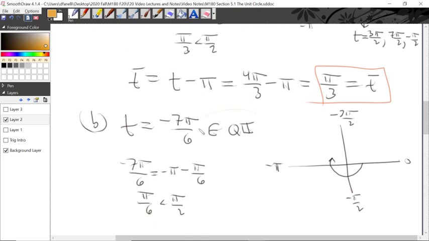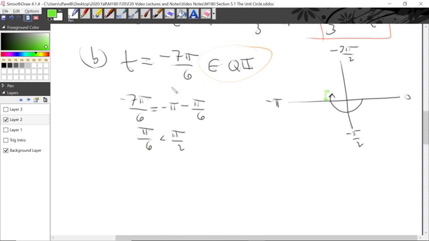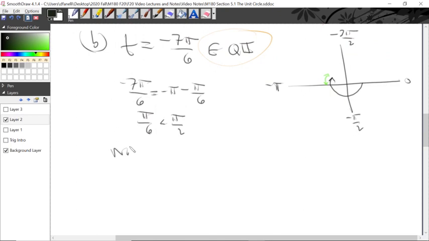But remember that we've interpreted geometrically the reference number as the distance back to the x-axis, and t right now is not between 0 and 2 pi. So although t is in quadrant 2, t is not an element of the interval 0 to 2 pi, because it's not positive.